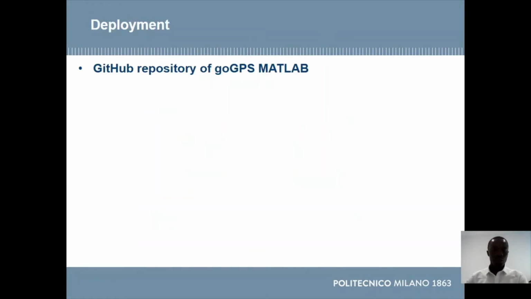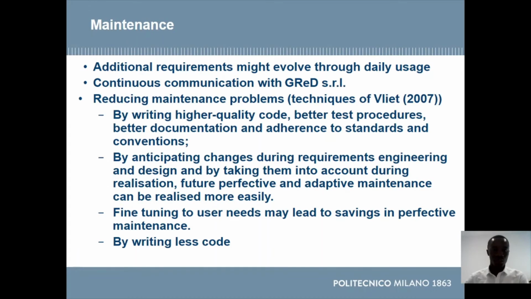Now the project will be deployed through the GitHub repository of GoGPS MATLAB. And through daily usage of the program, it is anticipated that additional requirements might evolve. So constant communication will be ensured with JRED for maintenance purposes.